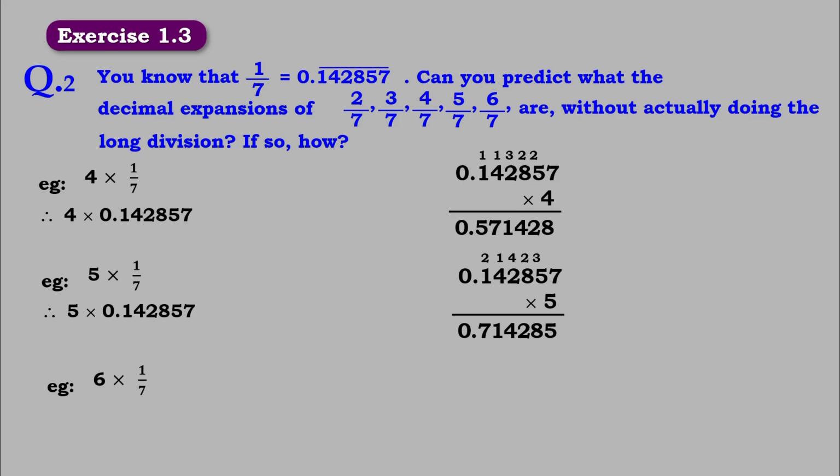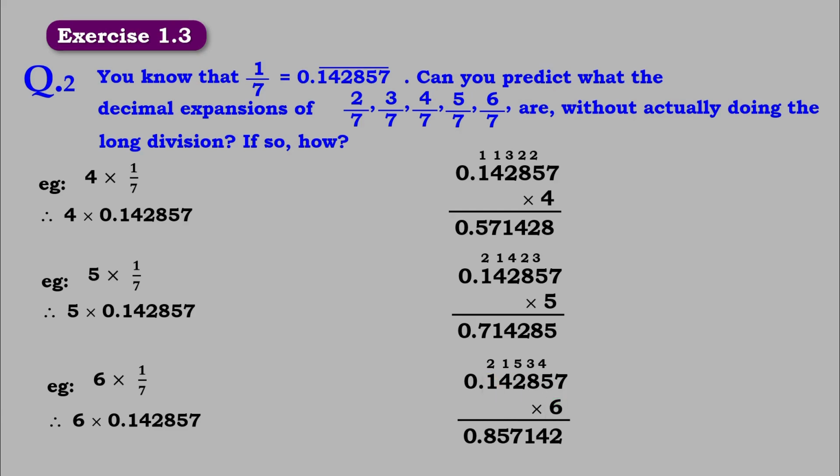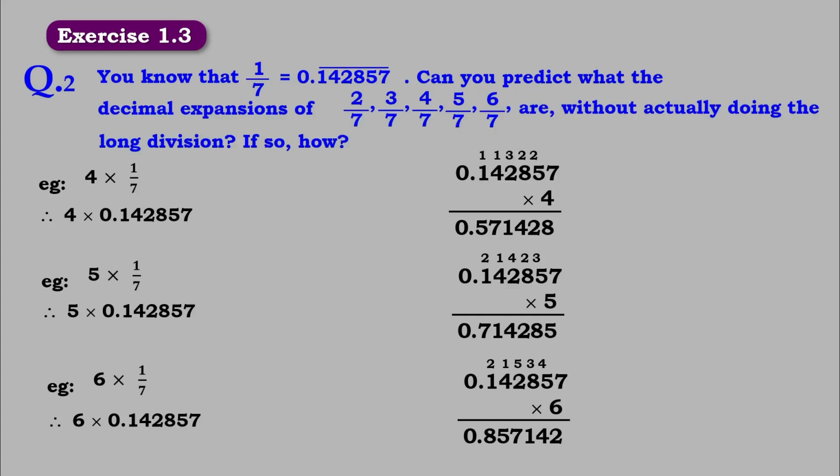So basically whatever numbers we are getting, we are not dividing. Just using the number we got for 1 by 7, we are just multiplying. Similarly, 6 by 7 is equal to 6 into 0.142857, and do the multiplication. So this way we got the answers.